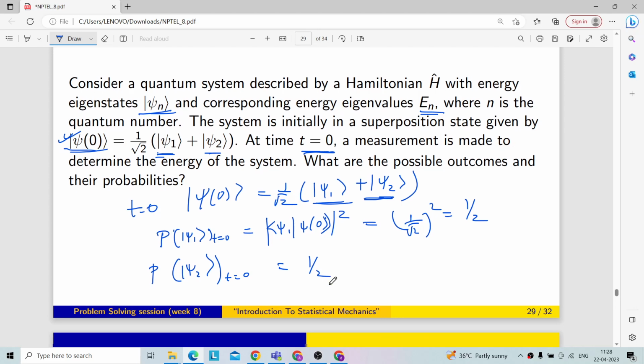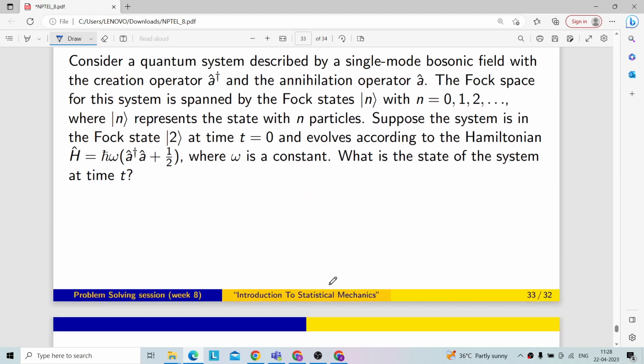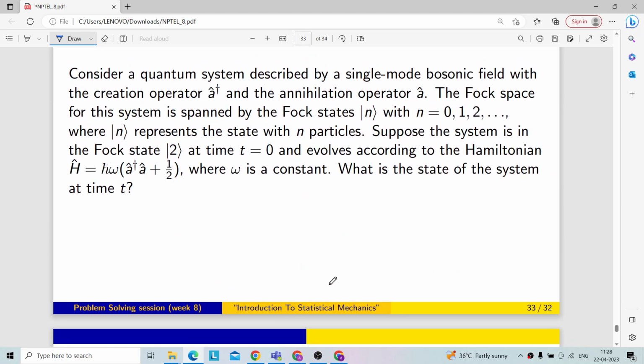right? So now moving to the next question. Consider a quantum system described by a single mode of bosonic field. The creation operator and the annihilation operator are given like this. The Fock space of the system is spanned by these states where n goes from 0 to n.